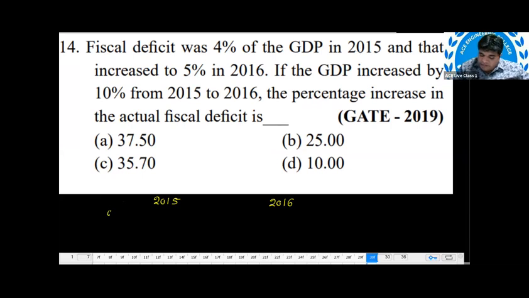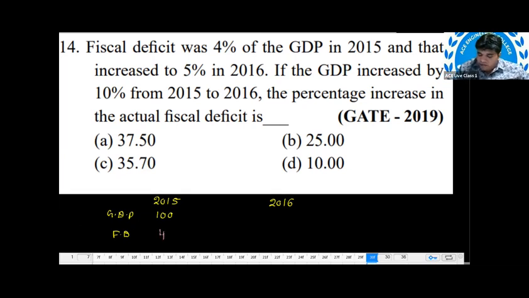GDP I don't know, say 100. Growth of any country depends upon the GDP. In 2015 GDP I assume 200. The fiscal deficit was 4% of the GDP, so 4% means what is the value here? FD is 8.